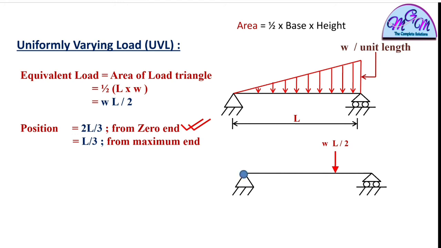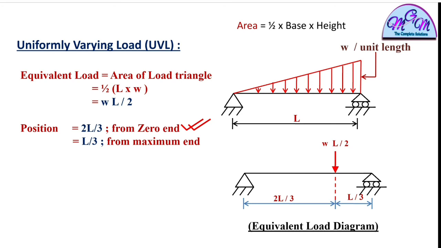So from this point its position will be 2L by 3 and the remaining portion will be L by 3. You have to remember only one thing, either 2L by 3 from the 0 end or L by 3 from the maximum end. This is very important.